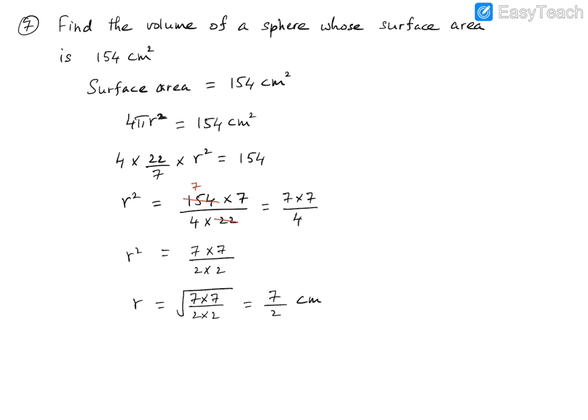Now that we have the value of the radius, we can calculate the volume of the sphere by applying the formula for the volume. What is the formula for the volume? Volume of sphere is 4 by 3 pi r cube.